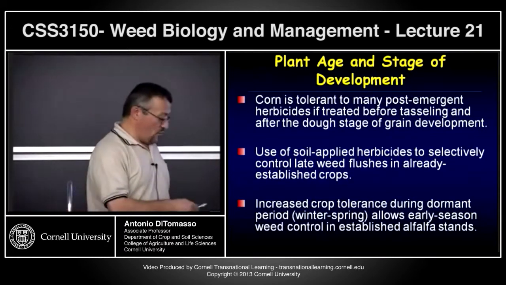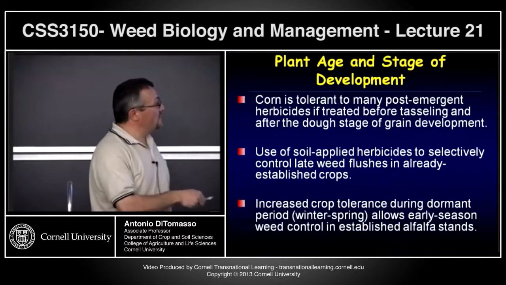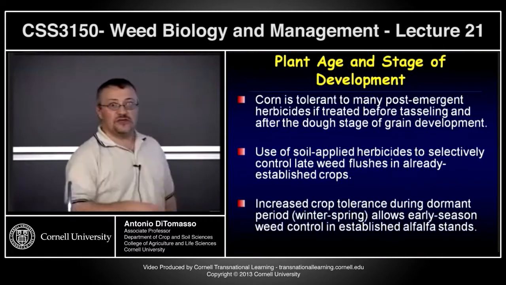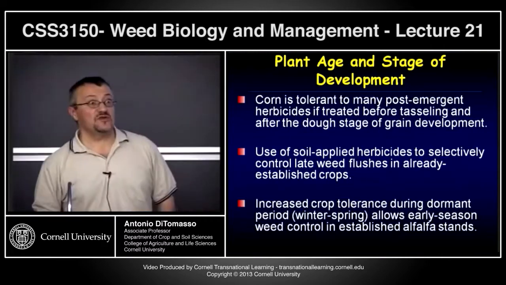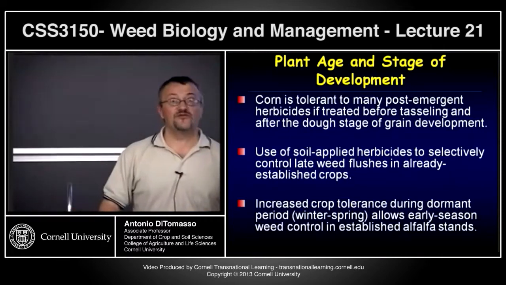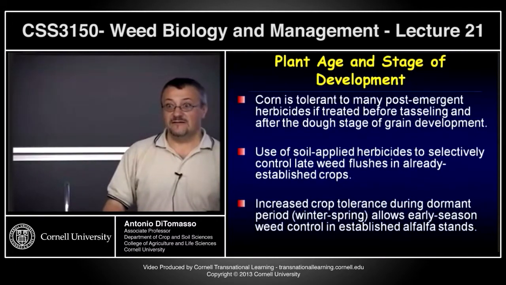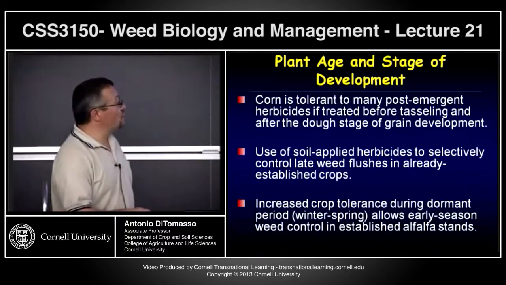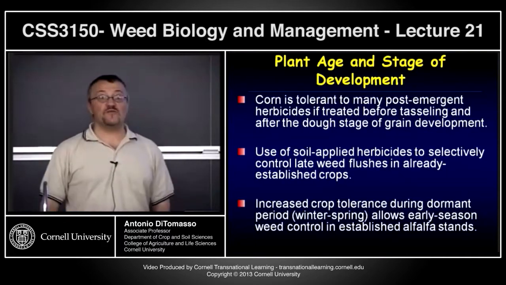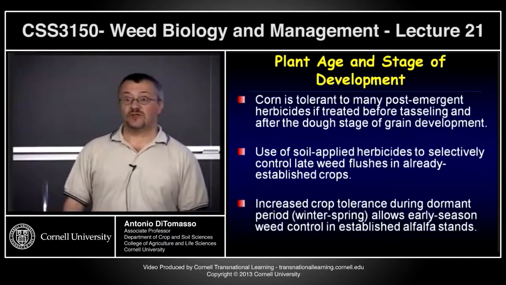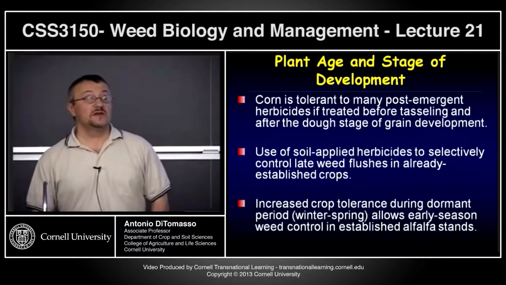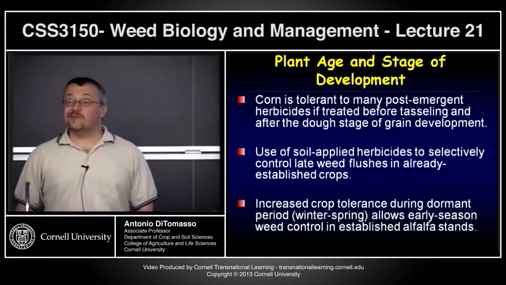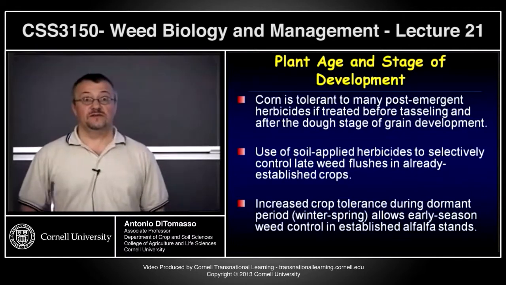And when the plant is dormant, late winter, early spring, you can actually go in and use things like paraquat or metribuzin, or even Buctril, bromoxynil, to control emerging weeds, but also some established, and paraquat in this case, to basically control the early emerging, early active weeds.